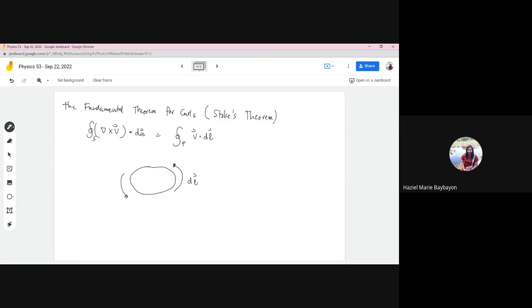Now, the direction of your dA is where your thumb is pointing. Okay? So if the direction of your dl is counterclockwise, then where is your dA pointing, Sheila? Not that way, no? So this is the direction of your dA.